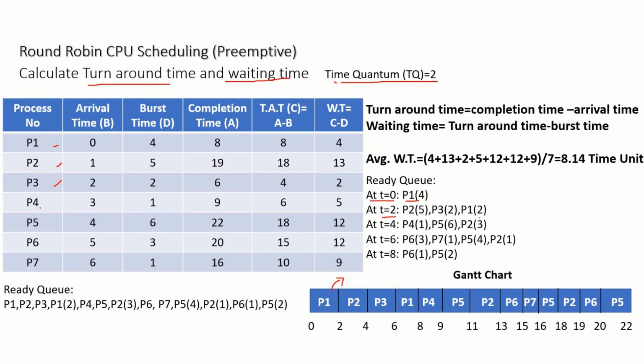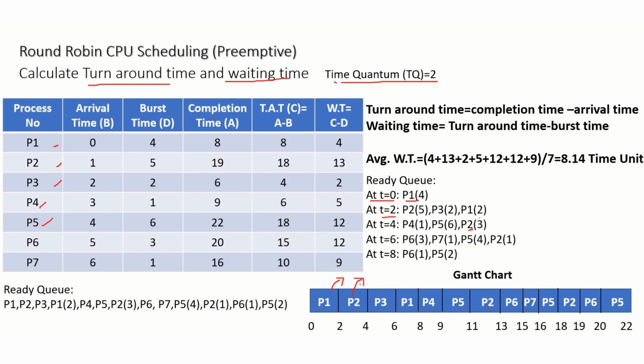At time t equal to 4, P4 and P5 will be there in the ready queue. At the same time, the remaining part of P2 will also be there in the ready queue. So after this you will get P4, P5 and the remaining part of P2. But still 1 millisecond of P2 is remaining.